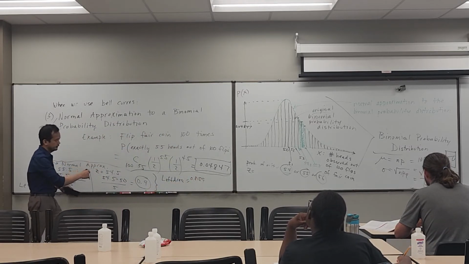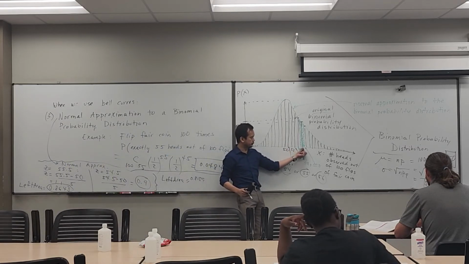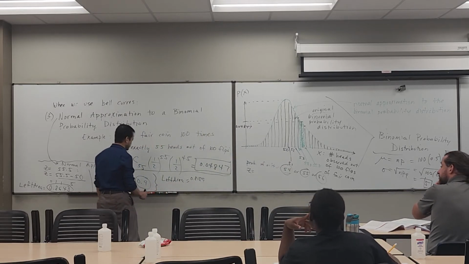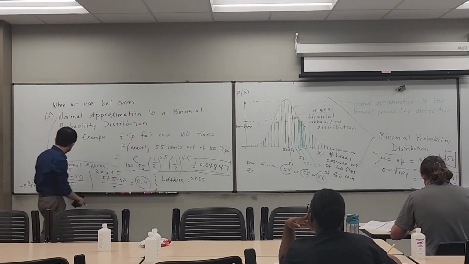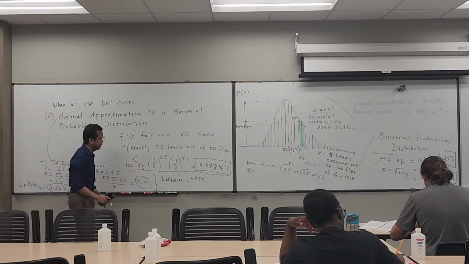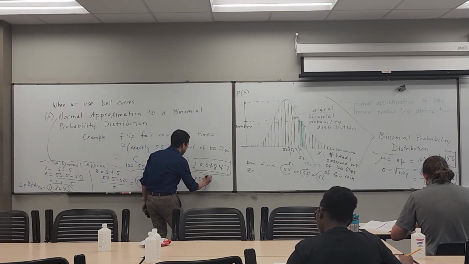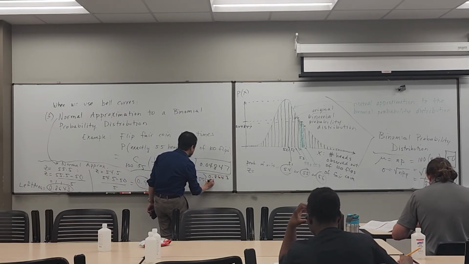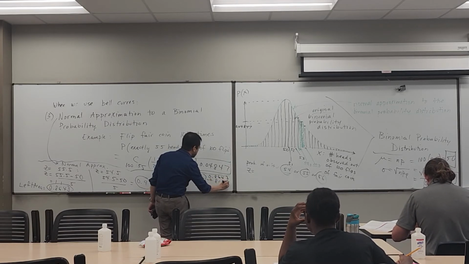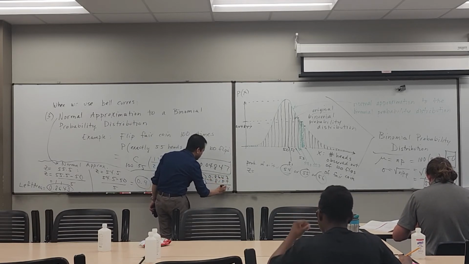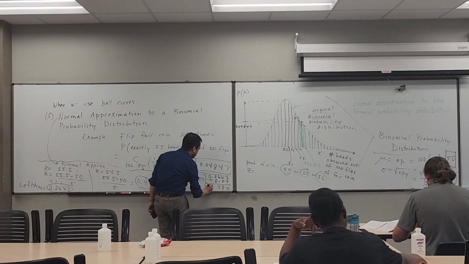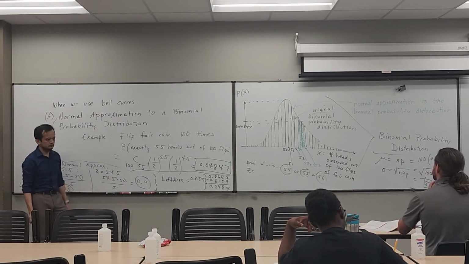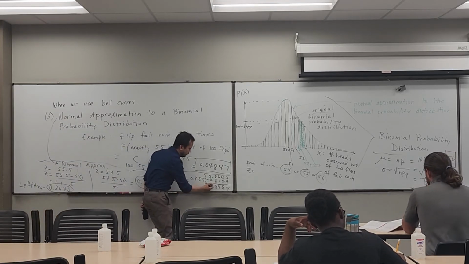Those are the two left areas, and to find the area between those two values, we subtract those two left areas from each other. So 0.8643 minus 0.8159. So this is the answer, 0.0484.